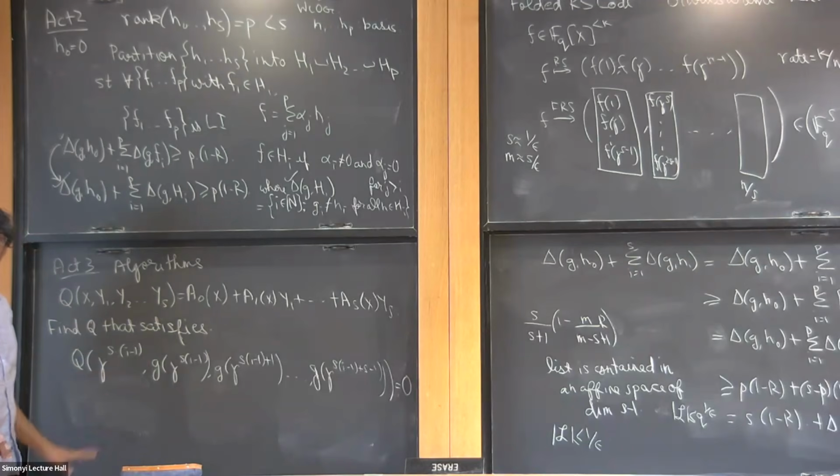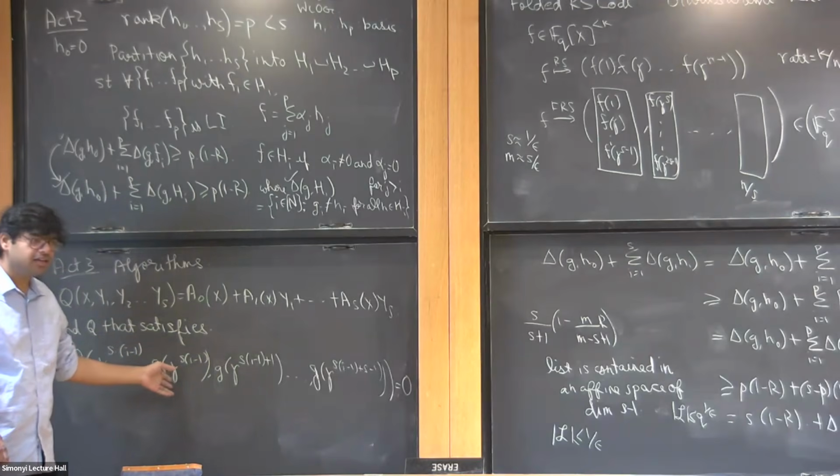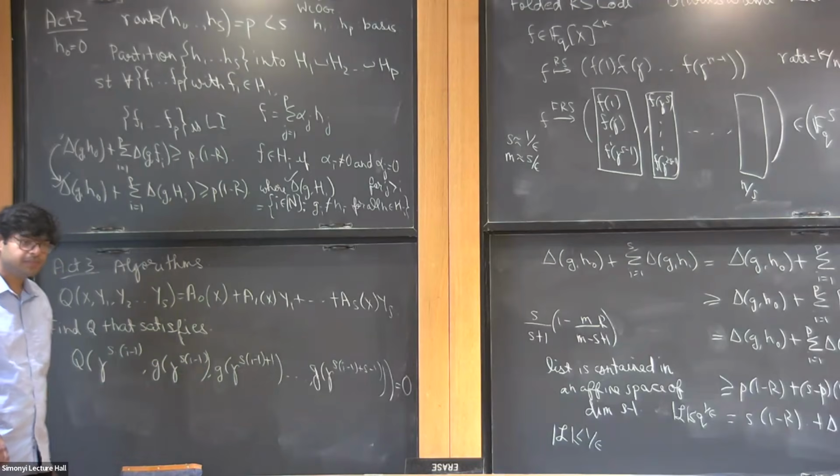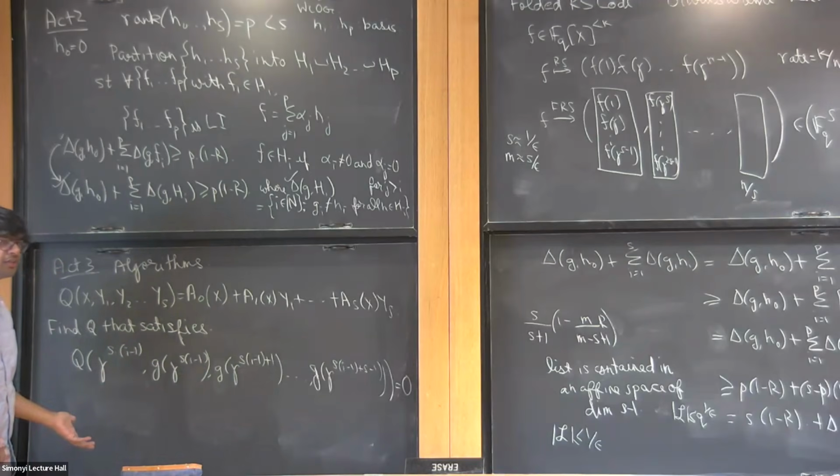We had s folded codewords, so we had s symbols to go with. If this was correct, then this would actually look like some polynomial evaluations. But we are not given such a polynomial. We are given this g, and we are expected to output the bunch of codewords that are close.